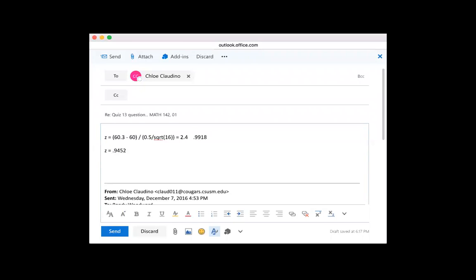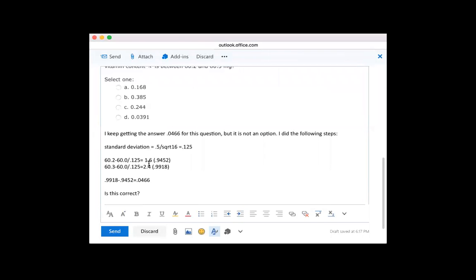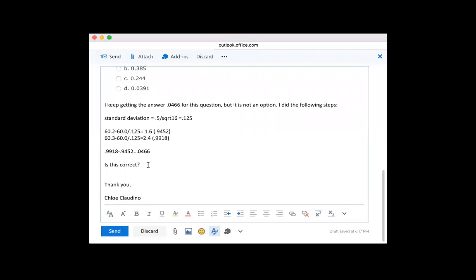I guess there's an error. This is a correct number. Which quiz was this on? Quiz 13. But the funny thing is I was using these same equations, and on quiz 13, for some reason, I triple checked and I wasn't getting it.